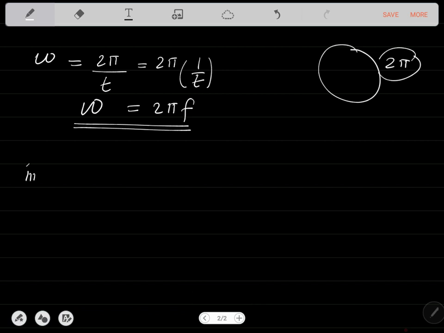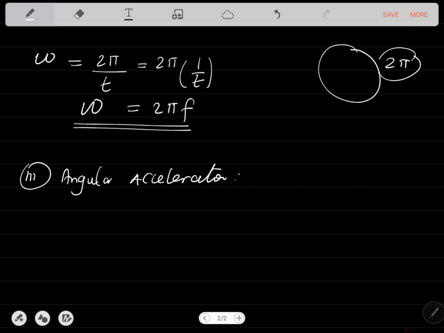Then again, we've got the angular acceleration. Angular what? Acceleration. Again, angular acceleration is just the rate, all right? Now, we're talking about an object whose axis of rotation is actually fixed.